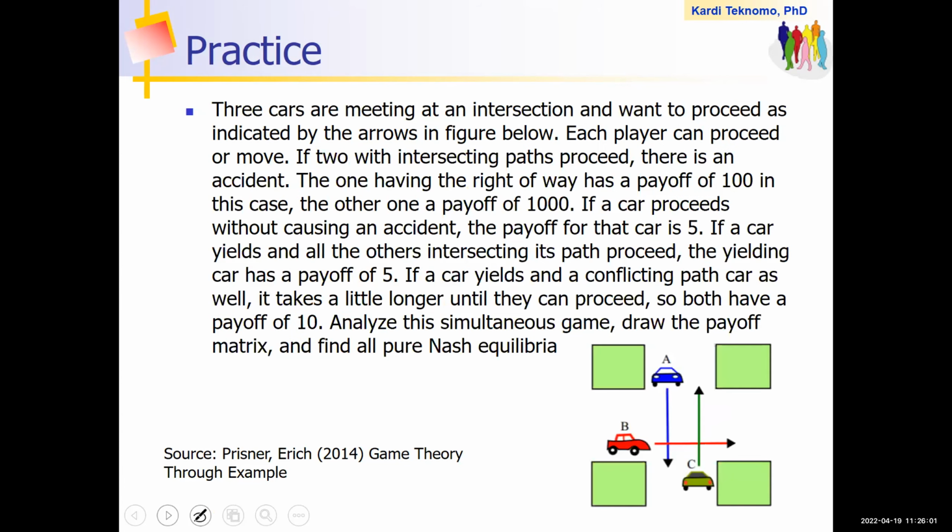The same thing with this different scenario, and then you can also find the Nash equilibrium. If you need the book, I can share it with you, but if not, that's fine. You can find it by yourself also.